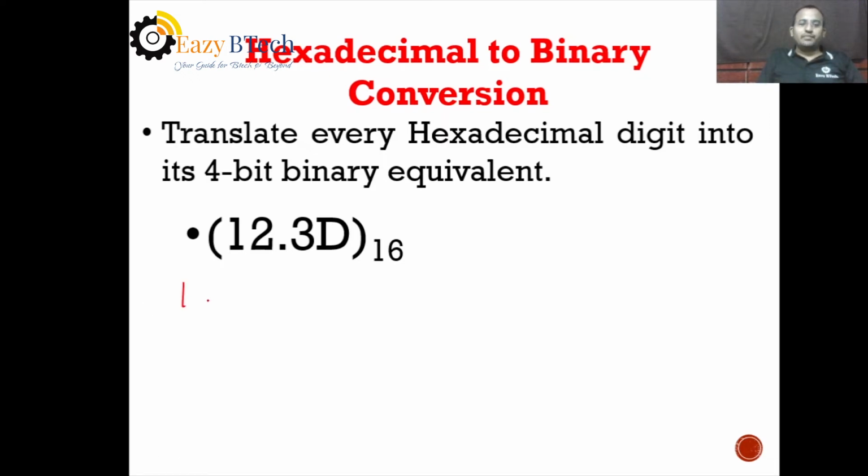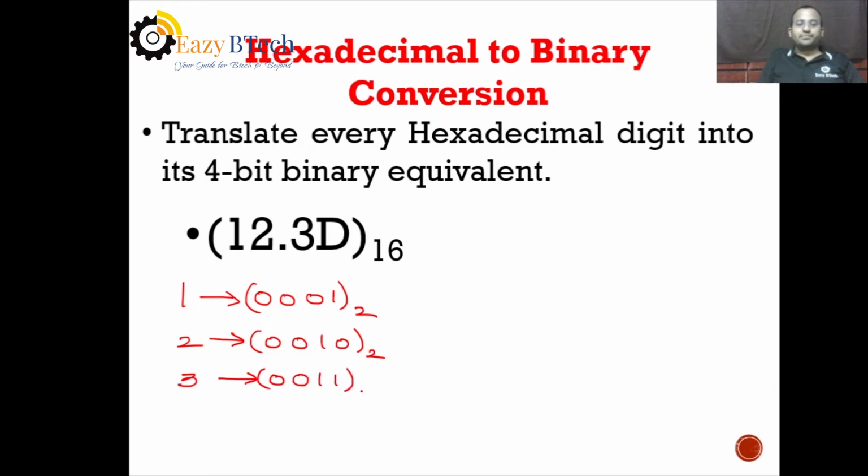So 1 means the corresponding binary equivalent is 0, 0, 0, 1, and 2 means 0, 0, 1, 0. 3 means 0, 0, 1, 1. D means it is 13, which is 1, 1, 0, 1.